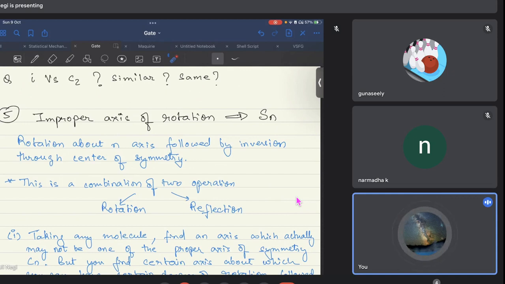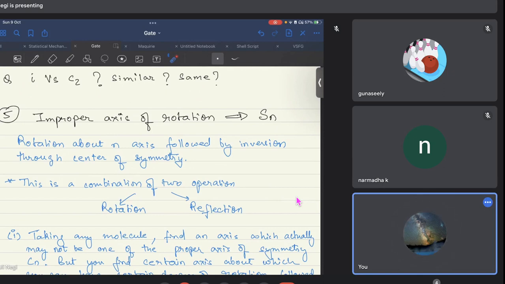Are they doing the same kind of operation? I'm asking this because I told you that C1 is identical to the identity element because it was doing nothing. And what I was told is that C2 is I.